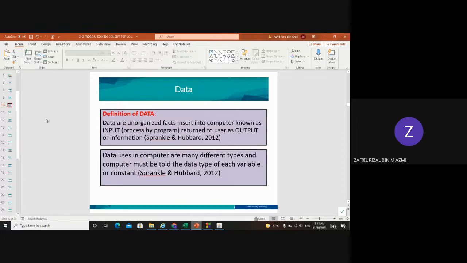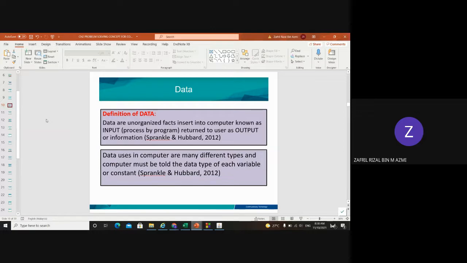When we talk about data, the programming language couldn't differentiate the types of data that you use automatically. If you want to store a number, you need to tell the computer that you want to store a number. If you want to store a string, let's say ALI, you need to tell the program that you want to store a string, not a number.